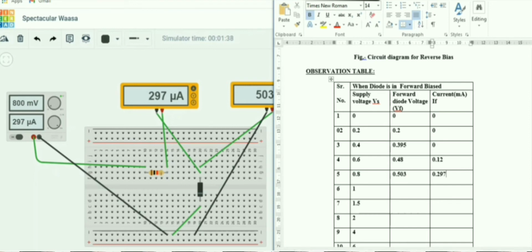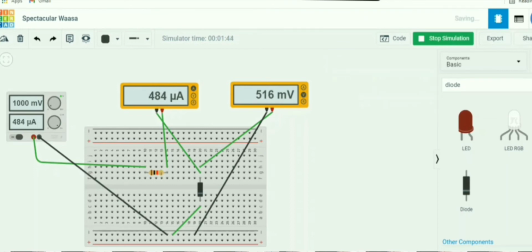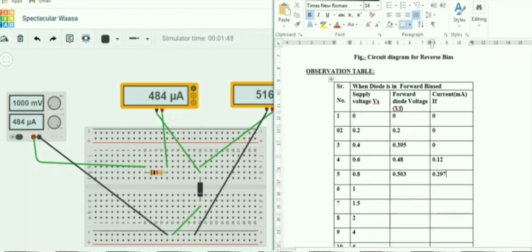Then take 1 volt in the power supply and observe the voltmeter reading and the milliammeter reading. Voltmeter shows 0.5 volt and current meter shows 0.48 milliampere.